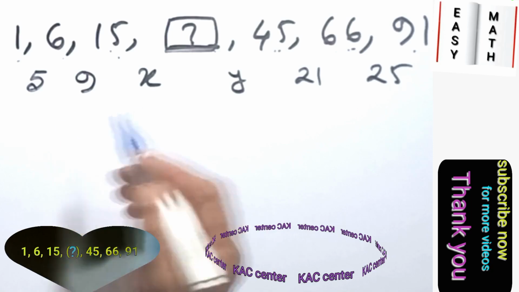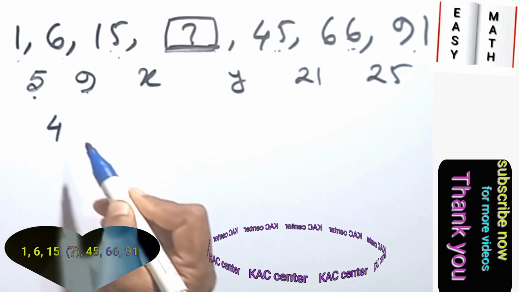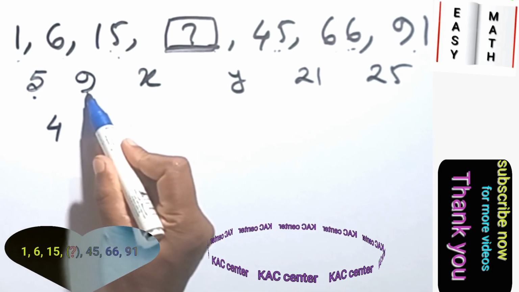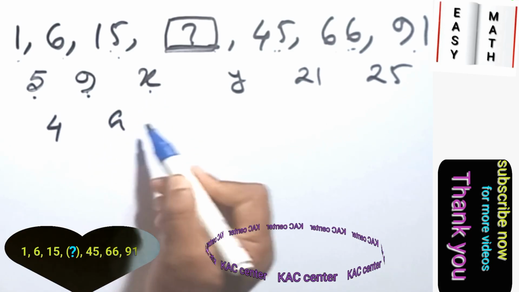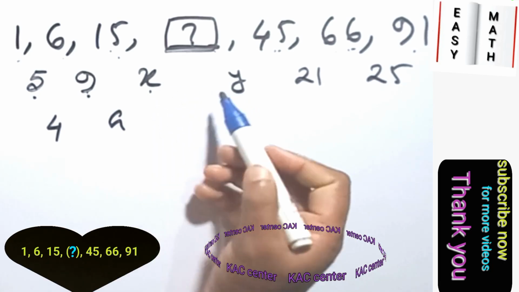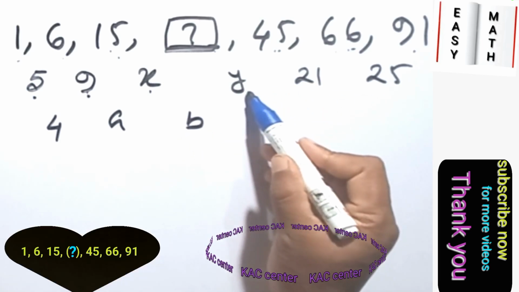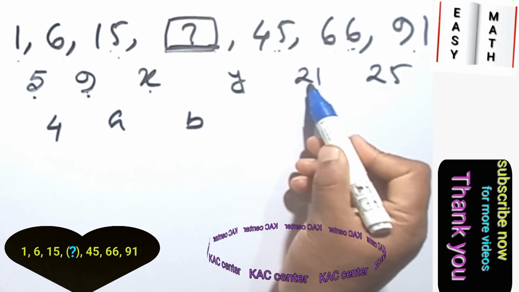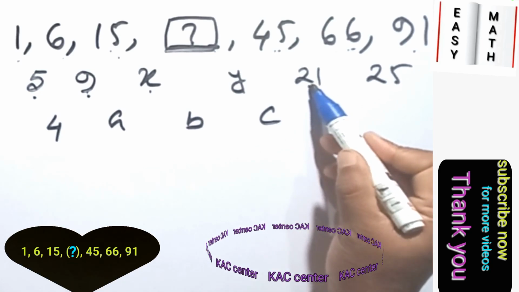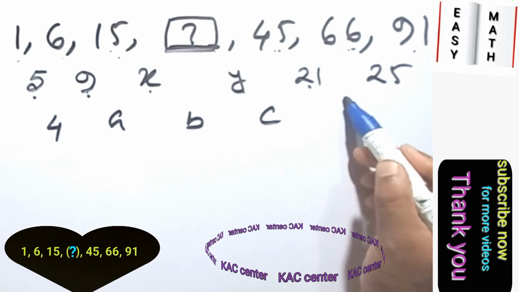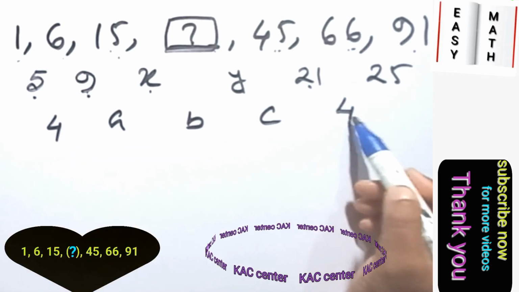And now the second pattern. The 5 and 9, their difference is 4, and 9 and x, we can calculate this difference as a, x and y, this difference is b, and y and this difference is c, and this difference is 4.